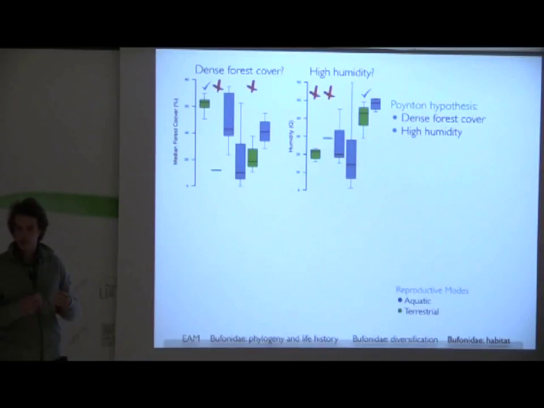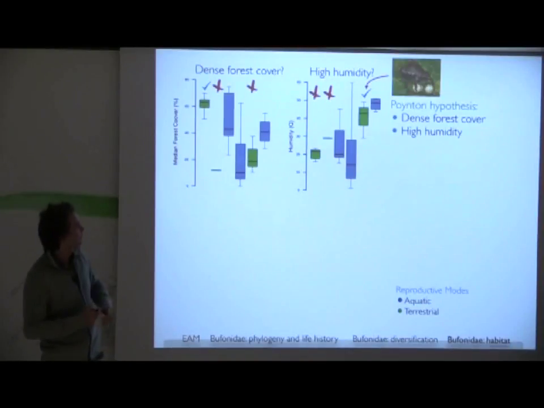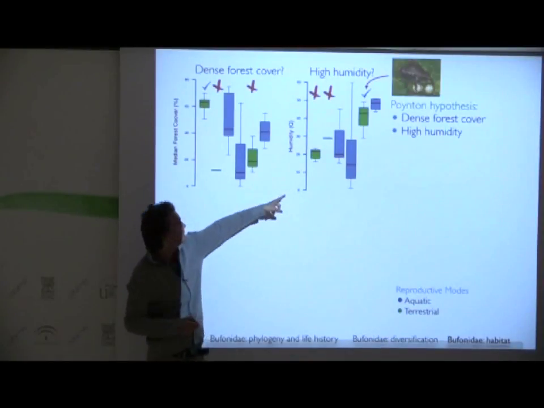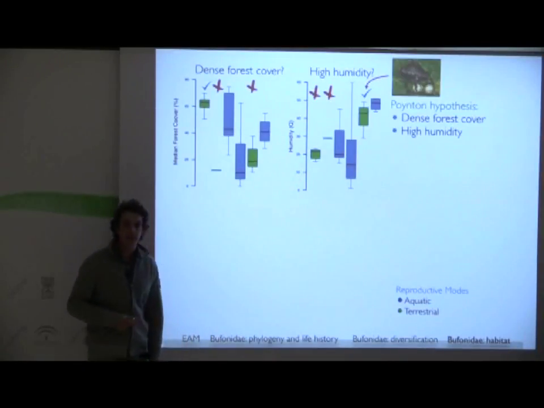And also there's not really a clear separation of the aquatic reproductive modes and the terrestrial reproductive modes. One interesting note though, if we look at the terrestrial modes, these two here are the two different forms of viviparity, and this one here is a species that lays eggs on land.